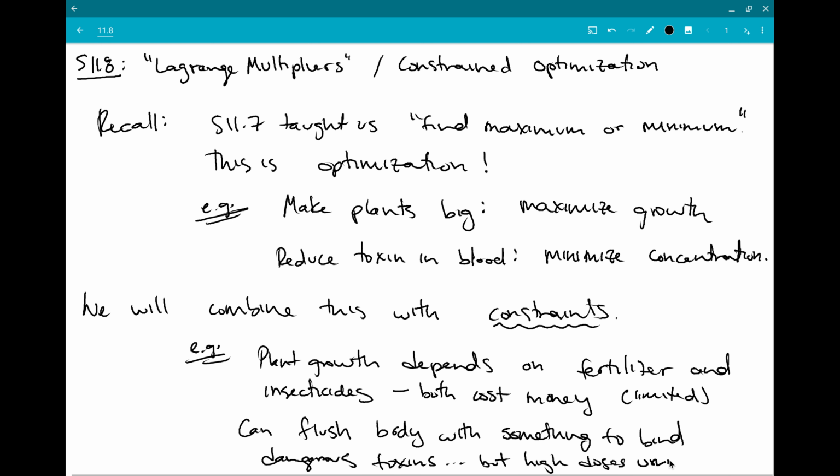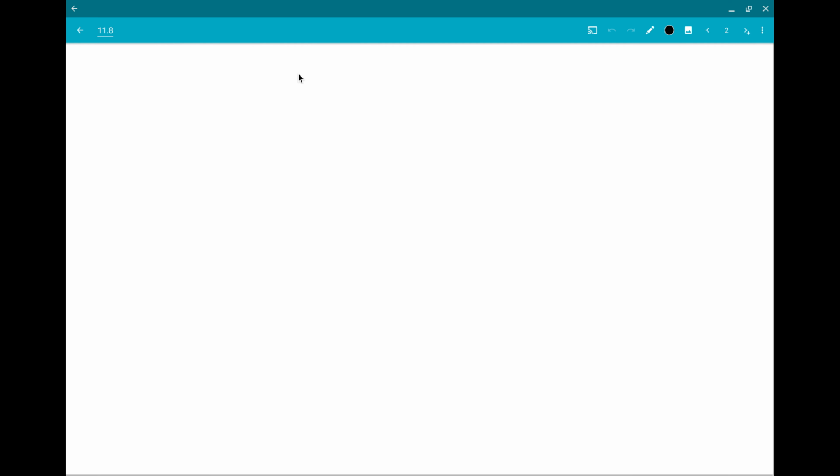But high doses are unpleasant. So you're again limited because there's only so much you can do before you start causing damage to a patient, but you do want to reduce the dangerous thing in their blood. So you're trying to minimize the problem that came in without introducing a new one, which is your constraint. And for us, this is all going to look like math.